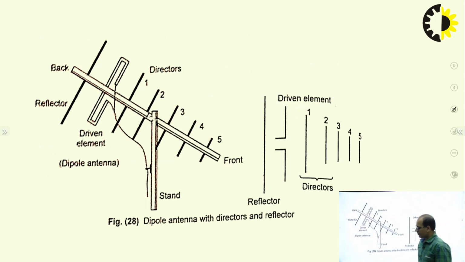So now the figure of this YAGI UDA antenna. This one is the stand on which the conductors are placed. These are the normal conductors.